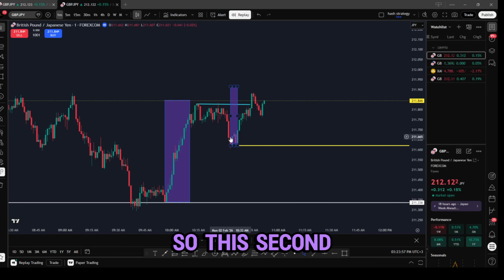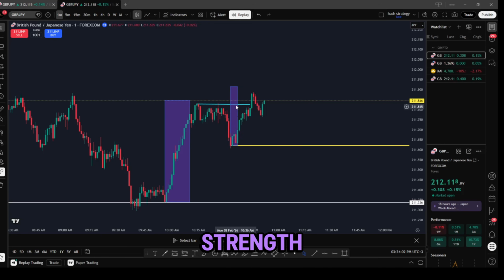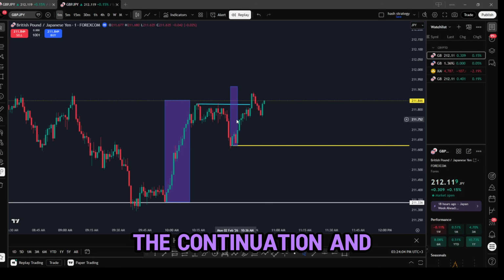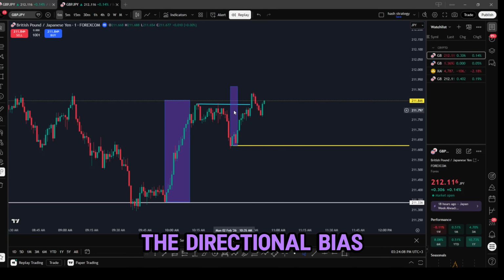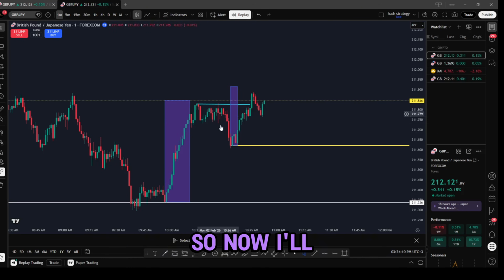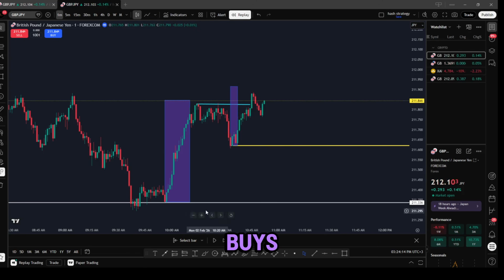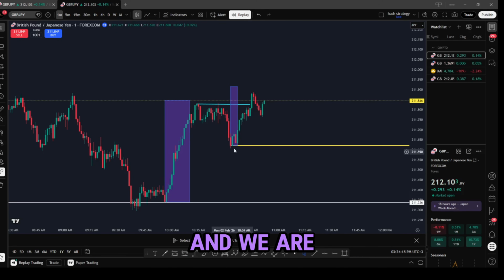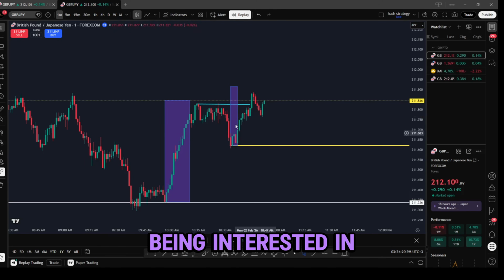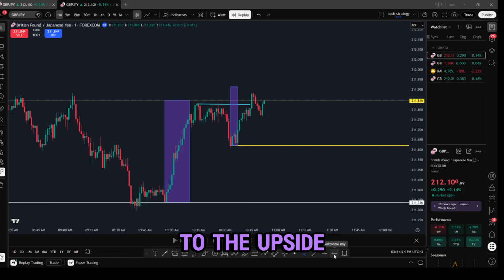So this second push is confirming to us the strength, the continuation, and the directional bias. So now I'll start being interested in what? In buys, because we are seeing the structure being built, and we are seeing the buyers interested in pushing the market further to the upside.